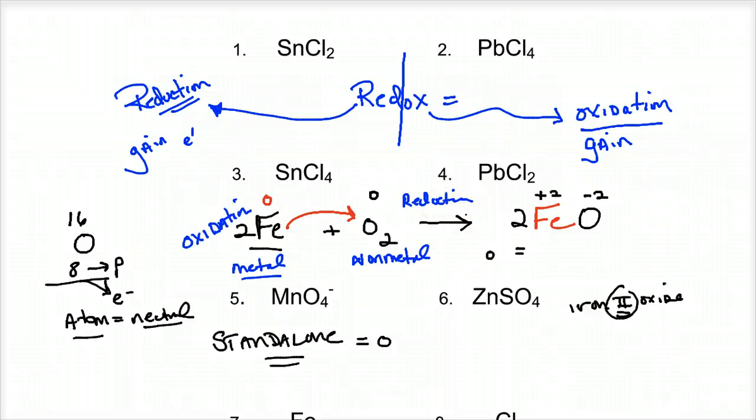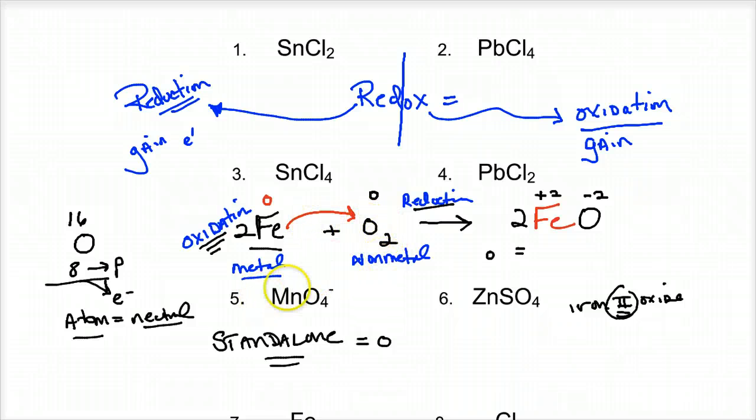So the first skill is assigning the oxidation numbers, to identify who got oxidized, who had their charge go up by losing electrons, notice it's the metal, and who got reduced, whose charge was lowered by gaining electrons, and that's the nonmetal in this case.